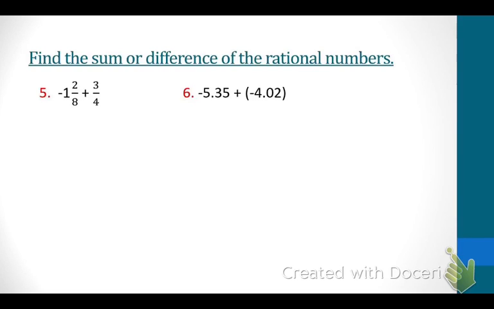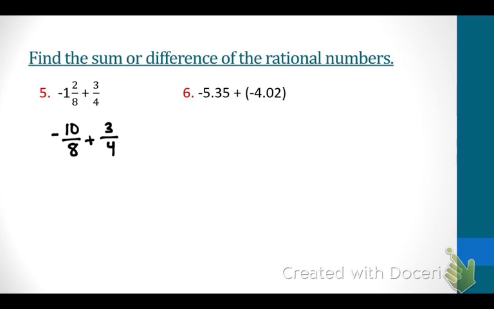I don't know what it's called, but I know you have to do 8 times 1. No, we've already got a mixed number. Matthew, what is it called? Improper fraction, okay? So when I turn negative 1 and 2/8 into an improper fraction, what do I get? Negative 10 over 8 plus 3/4.